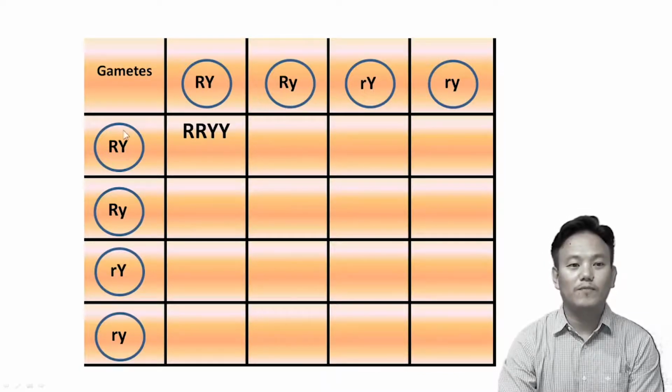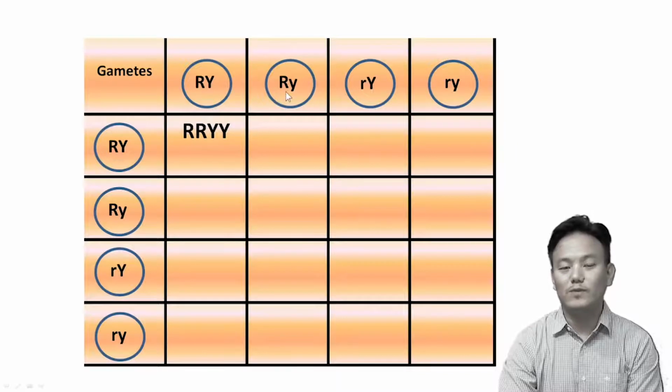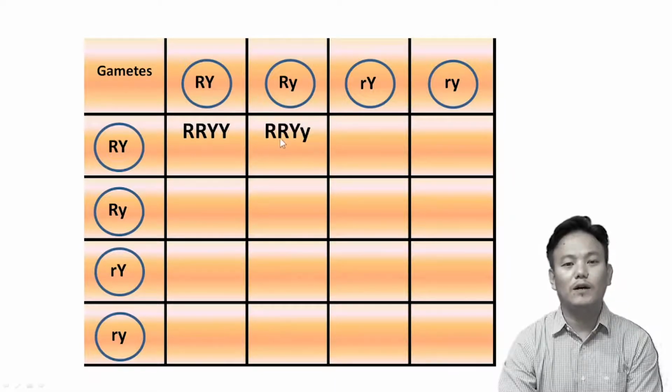What about this one? This particular gamete can fertilize with this one as well. This pollen can fertilize this particular egg. There is a possibility. So what will be the result? 2 capital R and 1 capital Y and 1 small y. Now here you have to remember that the small letter or the recessive allele has to always be written after the dominant allele.